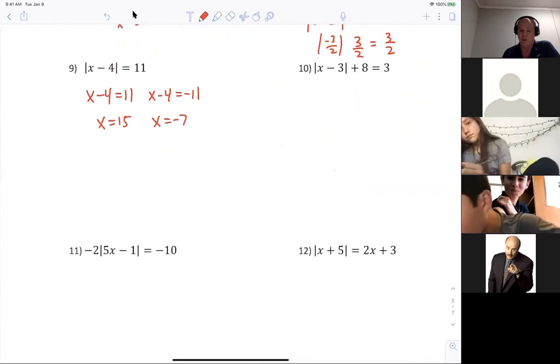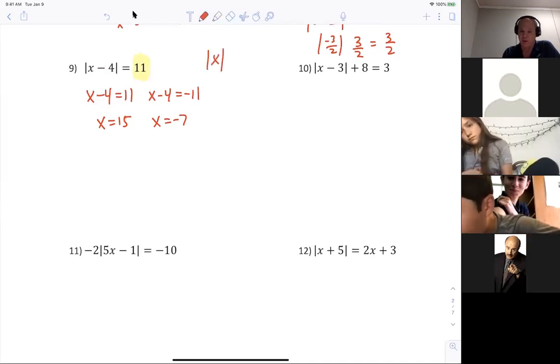Now, if you want, you can check your work, but I know we're correct because this is staying positive. There's no way for that to be negative, right? You always have to be careful. If the absolute value is set equal to a negative, it's no solution.